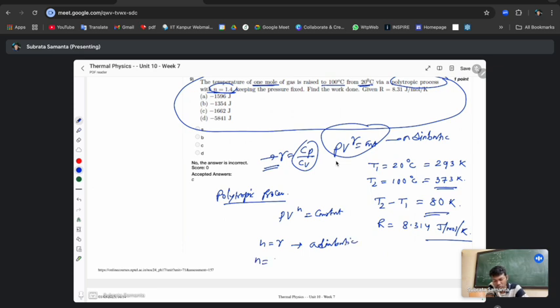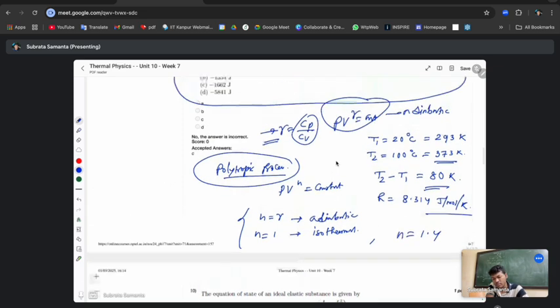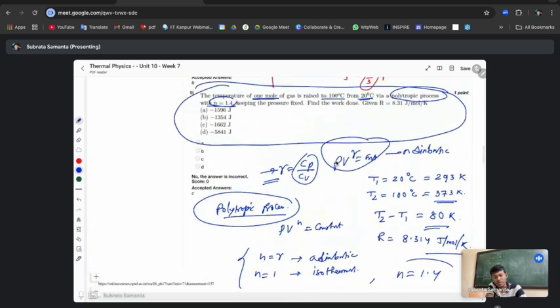If n equals 1, this is isothermal, okay? And for other values, in general it is a polytropic process. So in the problem, the value of n is given as 1.4, okay? So this is a polytropic process where n is 1.4, not adiabatic or isothermal. So in that process, we calculate the work done.